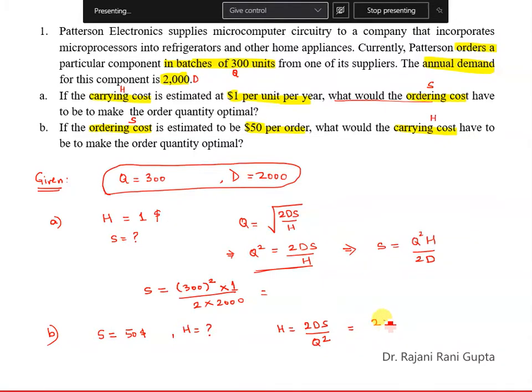Substituting the values, we get 2 times 2000 times 50 over 300 squared, and then you will get your value. In this way we get the ordering cost in part A, and the carrying cost in part B.